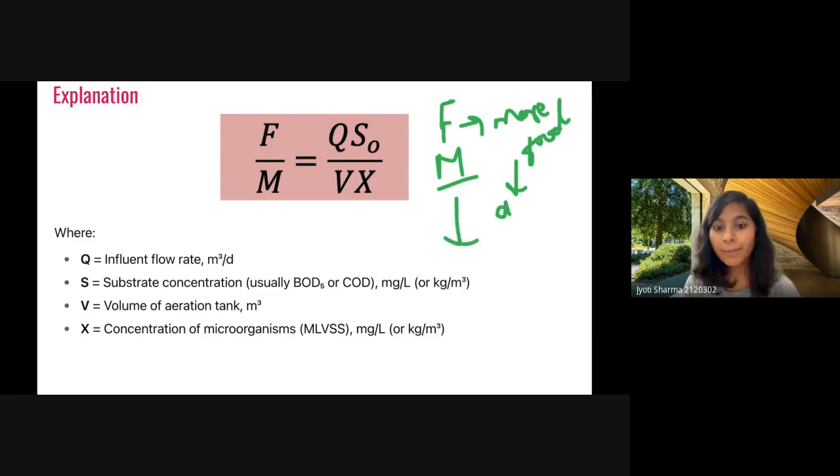Microbes are mostly bacteria. So let's say this is one bacterium, and if it has sufficient food, so if food is more, then this bacterium will replicate and divide into two.